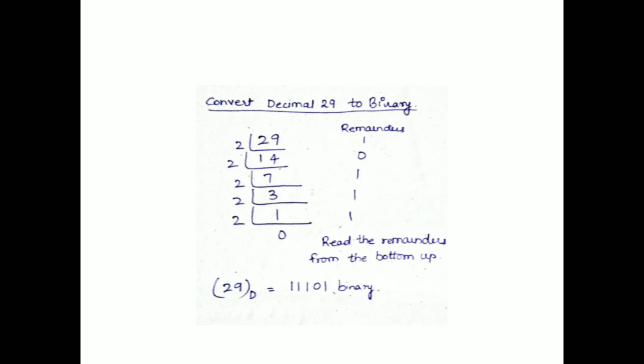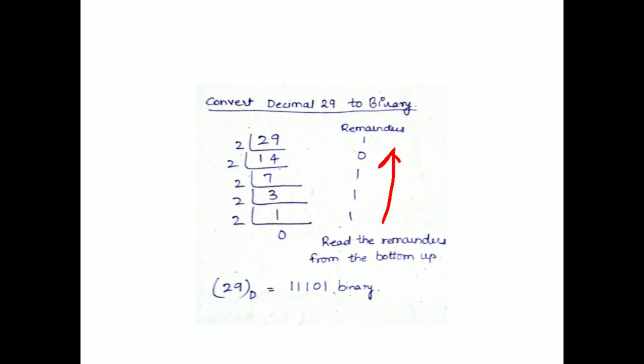Okay. The next example we will take is to convert decimal number 29 to binary. Again the same procedure: divide by 2 and write down the remainders. Whenever you get the remainders, you have to note them down in the reverse order, that is from bottom to top. So first of all, 29 divided by 2 gives 14 and the remainder is 1.